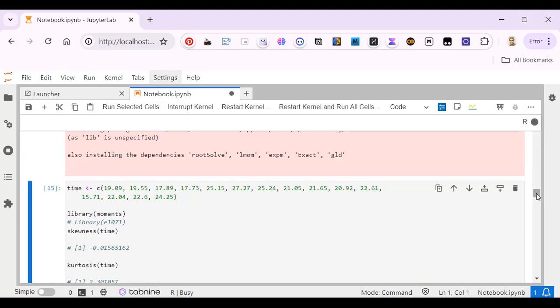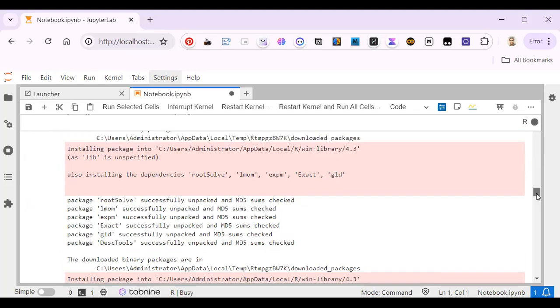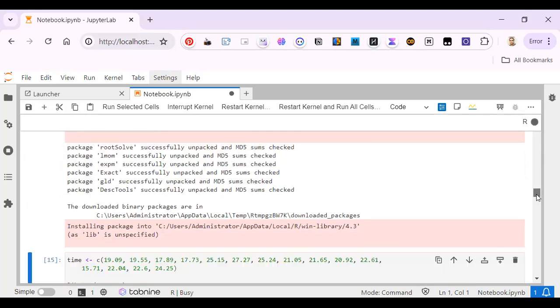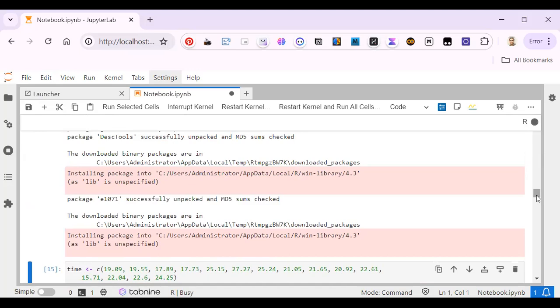One more thing I explained: while installing, you need a compulsory internet connection. After installation, you can practice without the internet. Once you install a package, any package, you don't need internet afterwards.